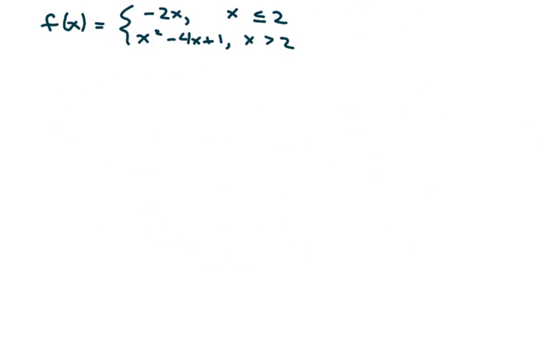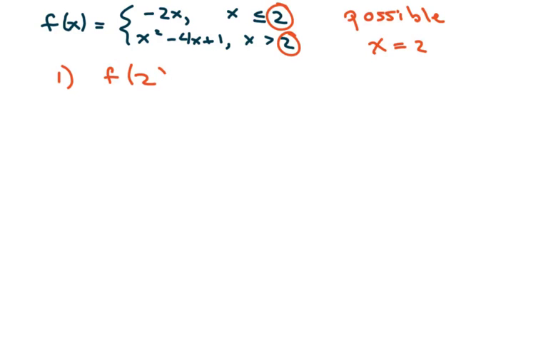And the last one we have is the same kind of thing, so we're going to check first if we have a possible discontinuity at x equals 2. My first step is to check f of 2. That would go in this first one here. So f of 2 is -4.